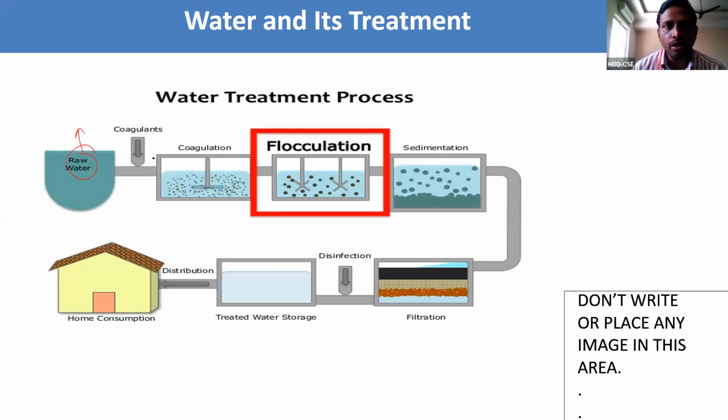Raw water from the river is followed by coagulation, sedimentation, filtration, disinfection, treatment for storage, and then distribution. Disinfection is done by different methods. Next, the water is stored in tanks, followed by distribution. This is the water treatment process.